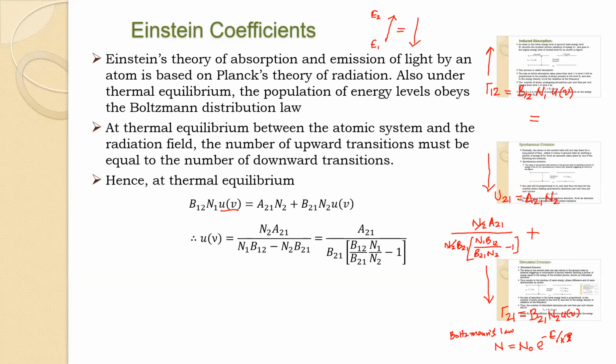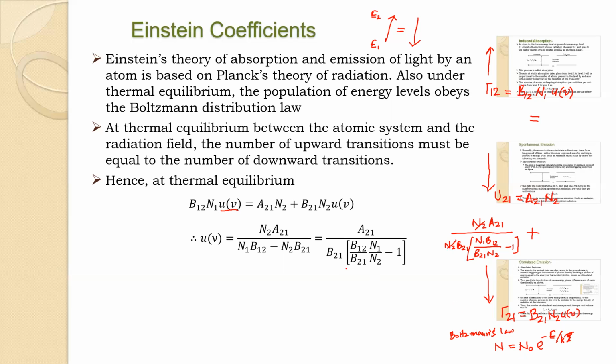Here E is the energy of a particular level, N0 is the number of atoms in the ground state, T is the temperature, and K is known as the Boltzmann constant.